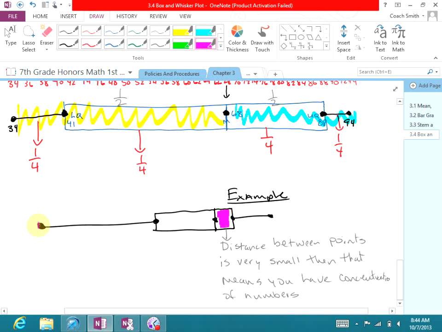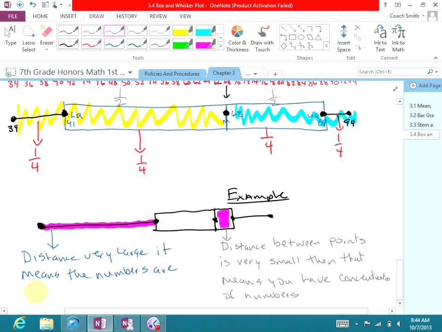Okay? When you have a distance like this, when you have a distance that is very large, it means the numbers are very spread out.